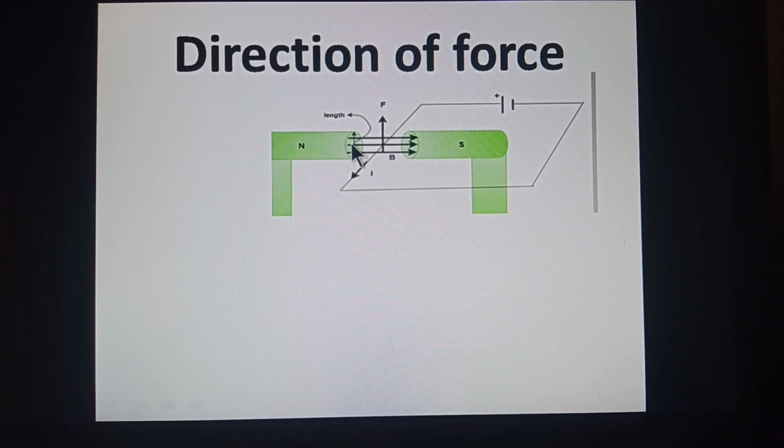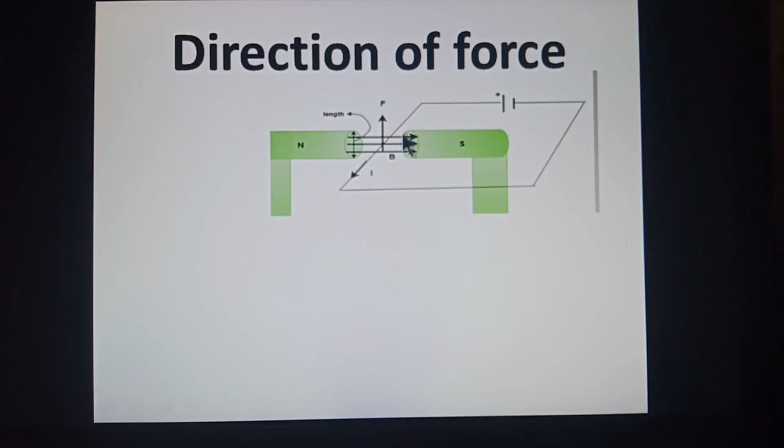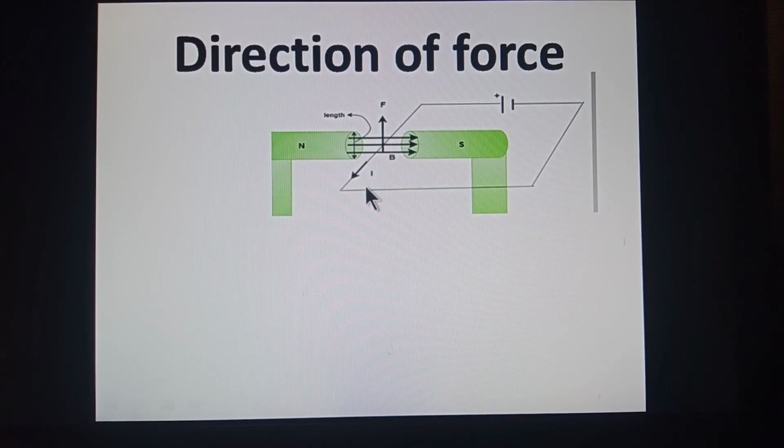If the field is directed from left to right, here is the direction of field, and here is a conductor placed, that is, current carrying wire is placed, with current flowing in this direction. These two magnetic fields will interact and there generates a force.